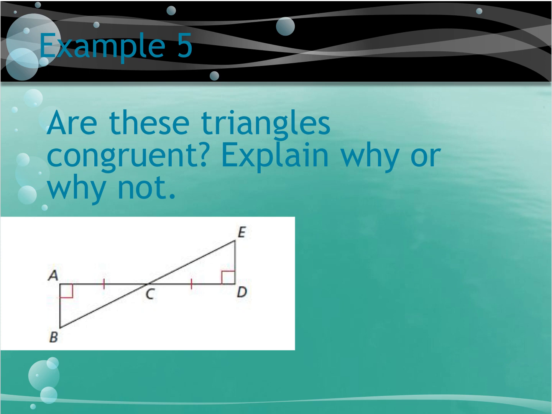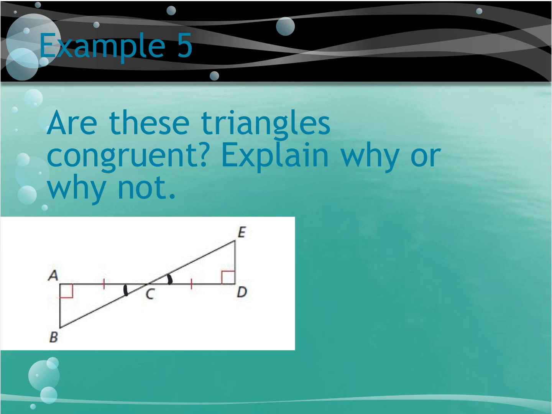Example 5. So are these triangles congruent? Explain why or why not. Before we get to a conclusion, we have to realize that these two angles are congruent because they are vertical angles. So we have an angle, side, angle order from the 90 to the side to the angle.